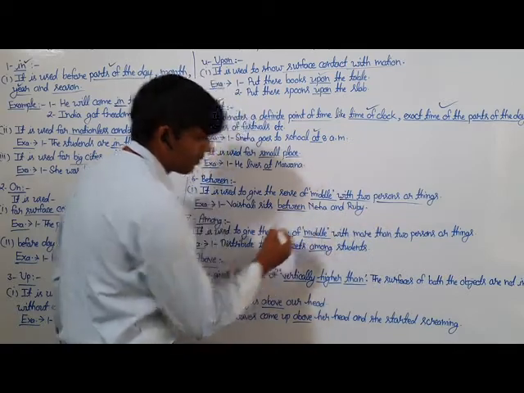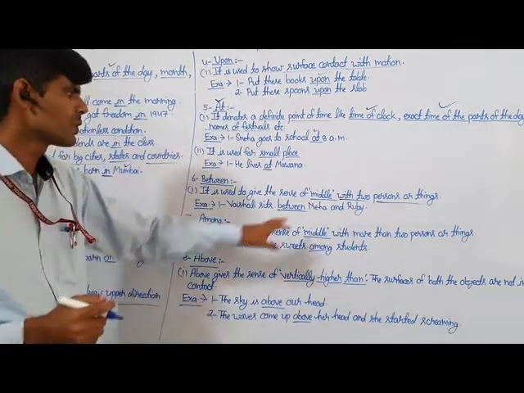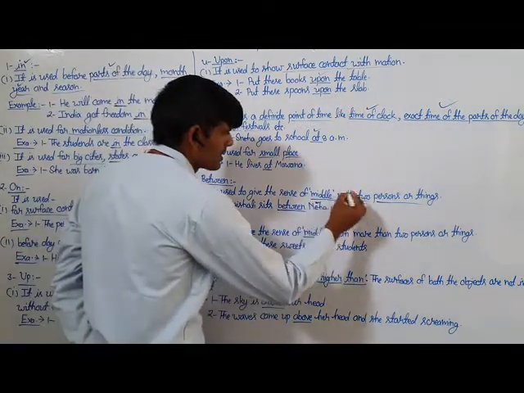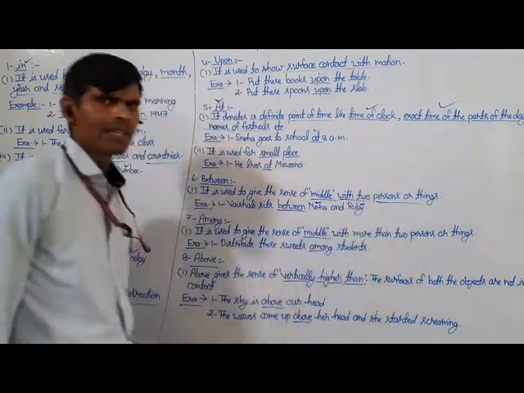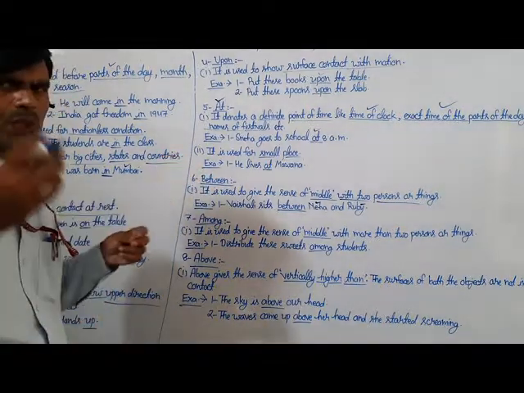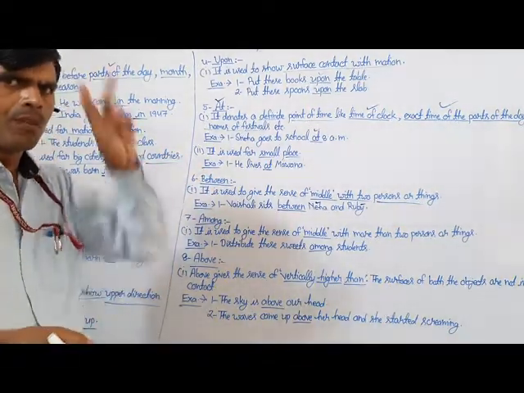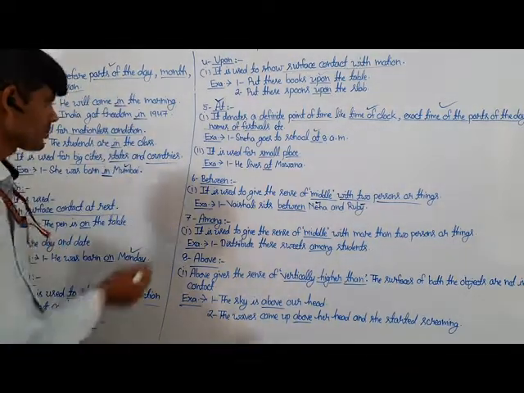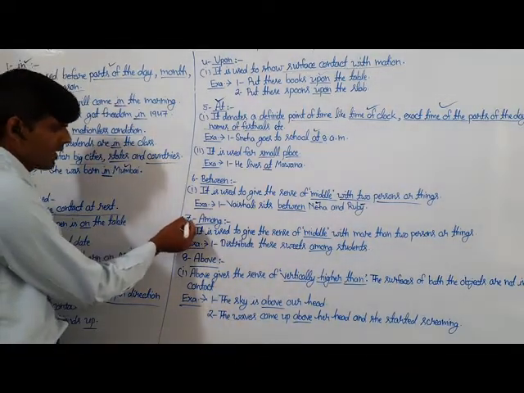Here the underlined word between is used to show the middle point between two persons, Neha and Ruby. So, students, between is used to give the sense of middle between two persons or two things.